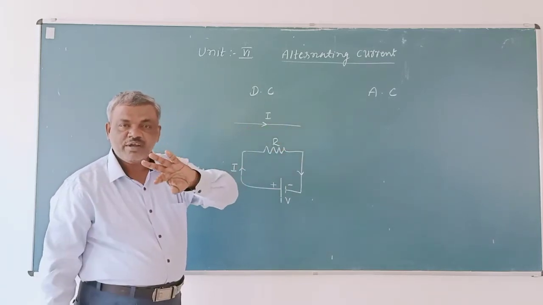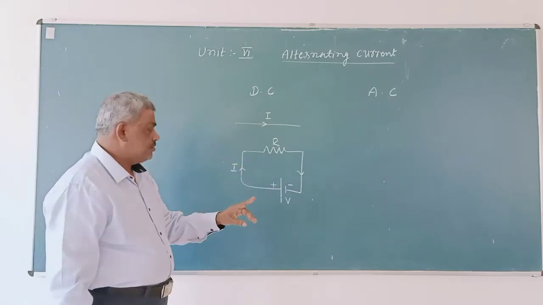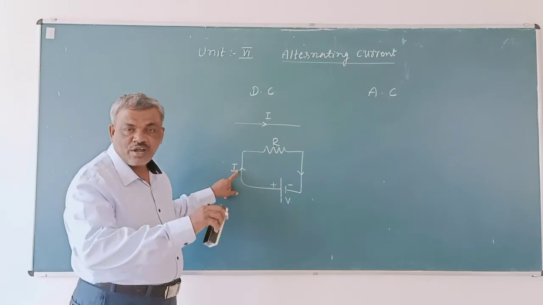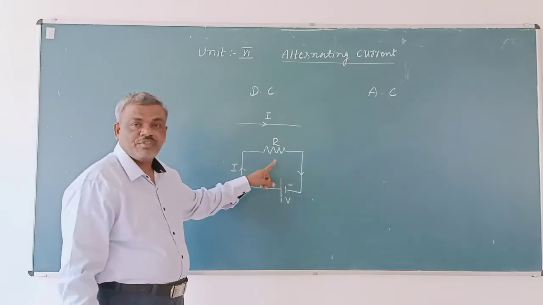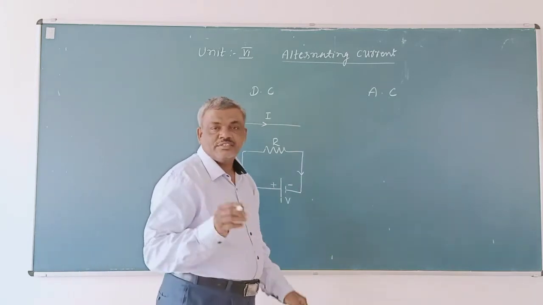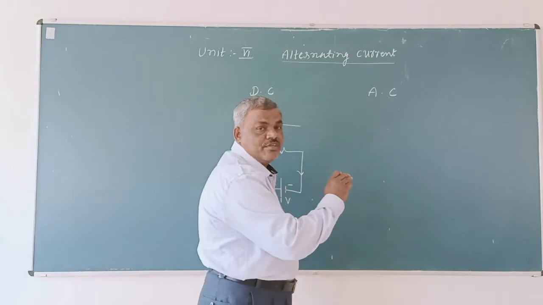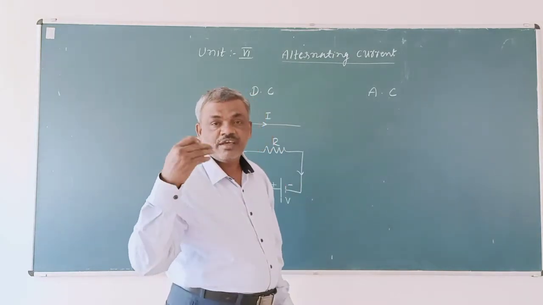In a DC electrical circuit, the current does not change direction with time. And in AC electrical circuits, alternating current, the current varies continuously and periodically with time.